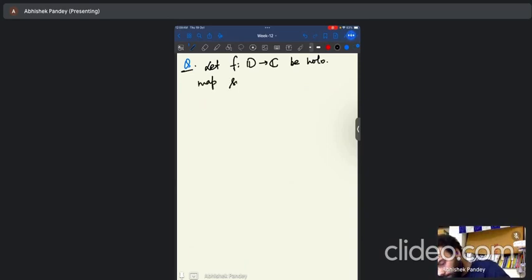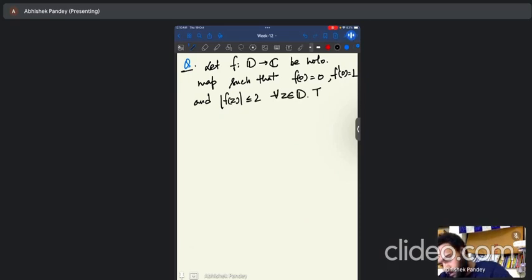Such that f(0) equals 0, f'(0) equals 1, and mod f(z) is less than or equal to 2 for every z belonging to D. Then which of the following is true?